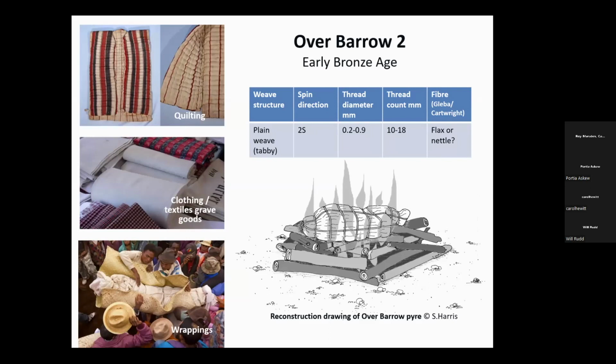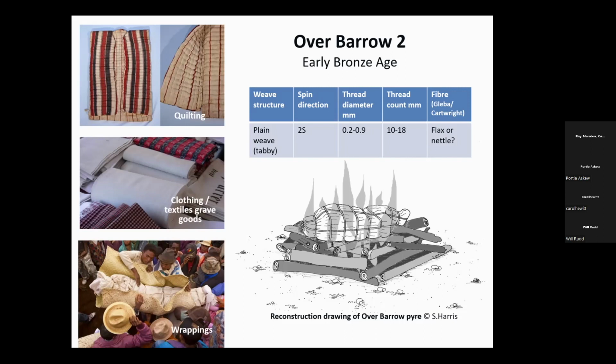So what could they have been used for? It's possible that they could be some form of quilting using multiple layers to create a padded effect. There was no stitching to suggest that, so I don't see the evidence for it being quilting. It could be that whole bundles of textiles were put onto the pyre. As we see in this second diagram, it could be that they were just stacking this fire full of textiles in a way of maybe giving gifts to the dead or putting their possessions with them.